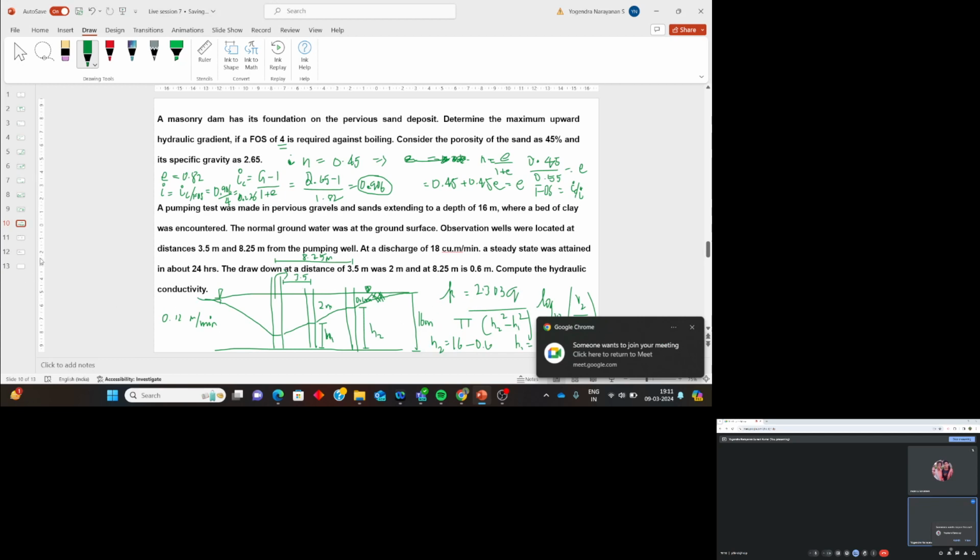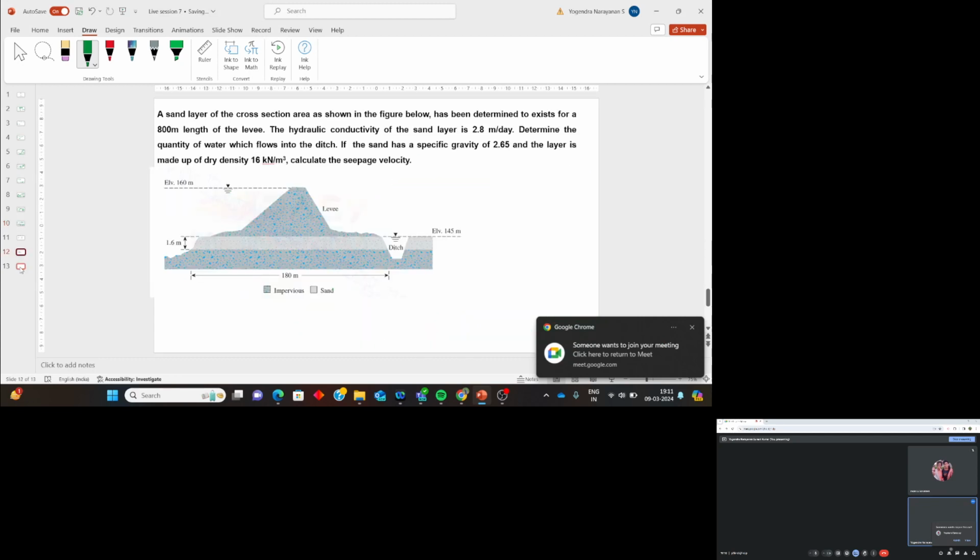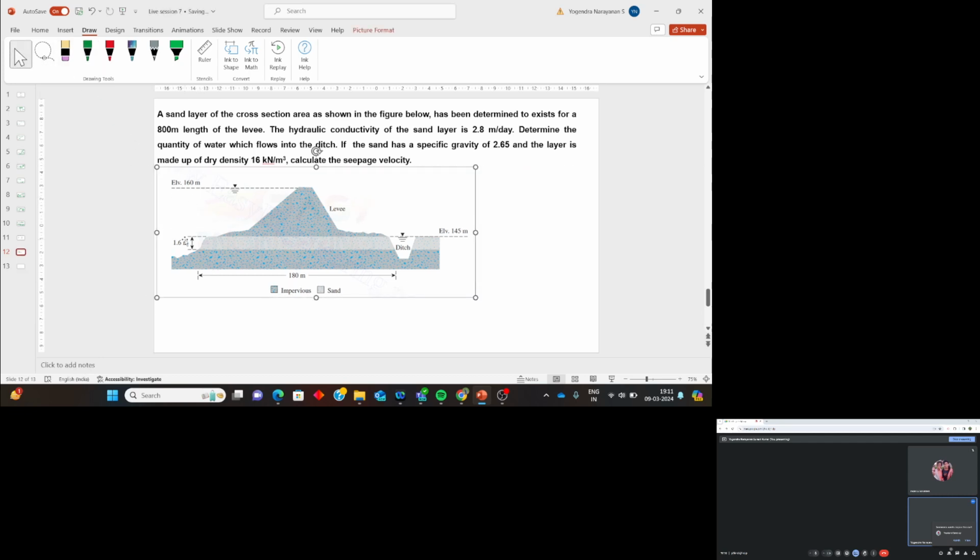Right. Now let us solve this question. A sand layer of the cross-section area as shown in the figure below has been determined to exist for a 800-meter length of the levee.